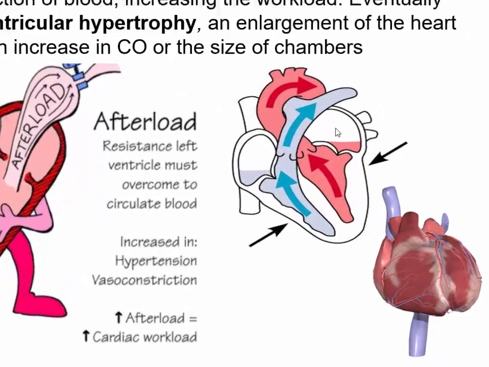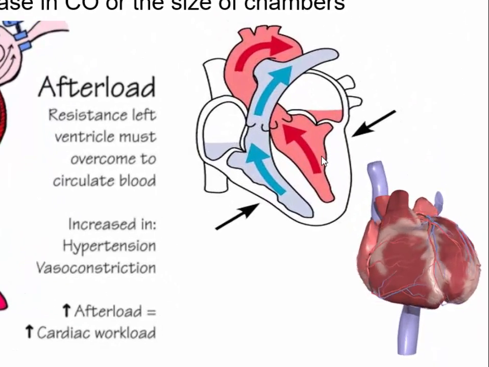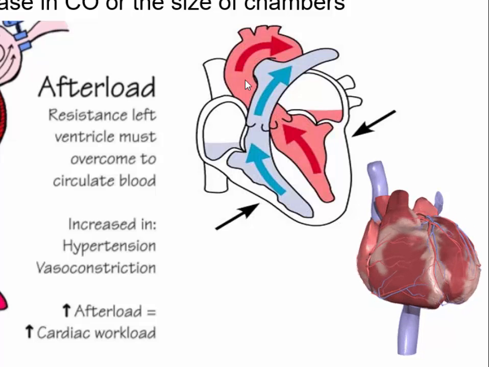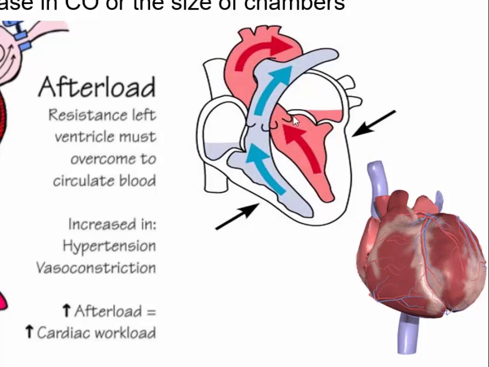What this is saying is that as blood comes into the ventricle here, the left ventricle let's say, the ventricle has to overcome the pressure here in the aorta, that's your systemic vascular resistance contributing to this pressure, to push the blood out. Well, if you increase the blood pressure in this vessel, then that ventricle has to overcome more pressure to push the blood out. And that increased pressure is going to put more workload on this heart.